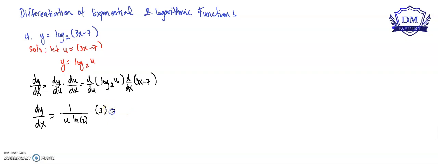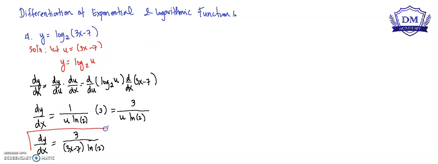And this is equal to 1 over u times ln of 2, multiplied by 3, that is 3 all over u ln of 2. So lastly, our dy over dx is equal to 3 all over u, which is 3x minus 7, times the ln of 2. Okay, so this is our dy over dx.